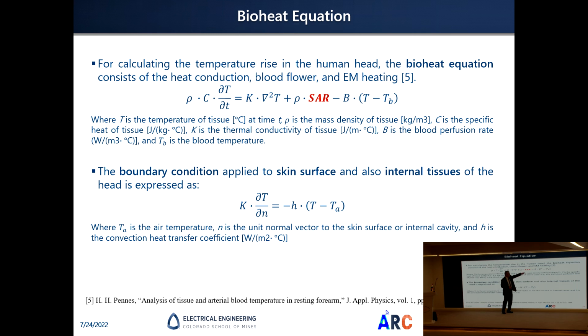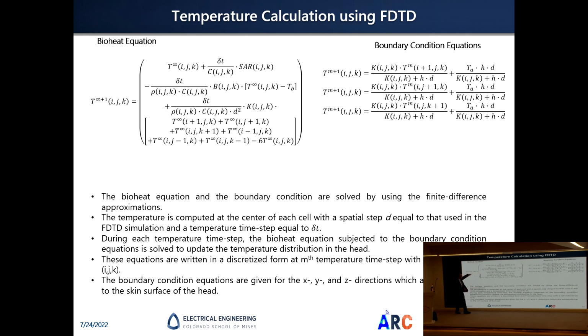So this is the electromagnetic E component, and the rest of the equation is basically temperature. We have to solve this equation using similar finite difference time domain equations, and a form of the solution is like this. We get the temperature, these are coefficients, and then we can get the temperature distribution in the human head. You're welcome.